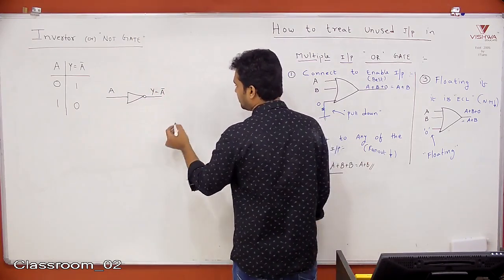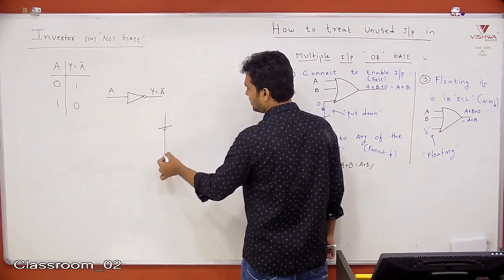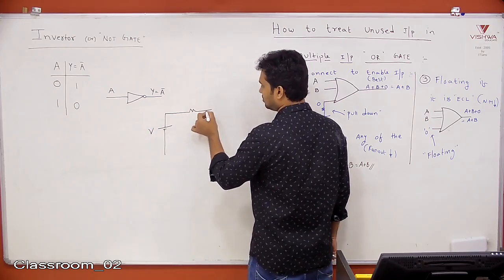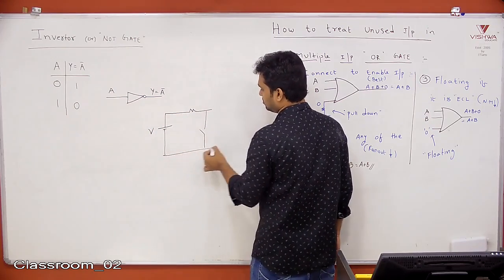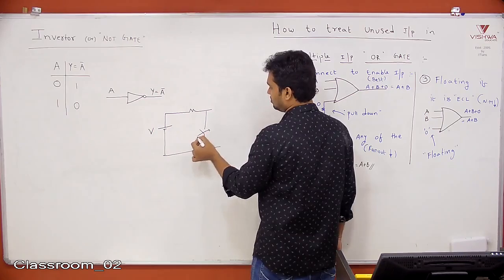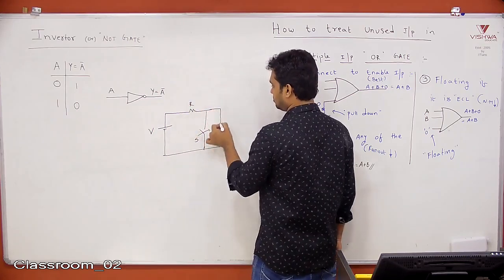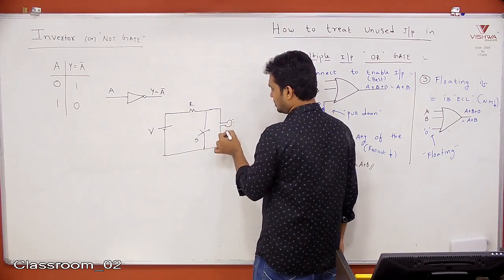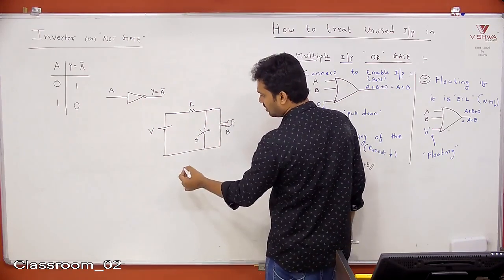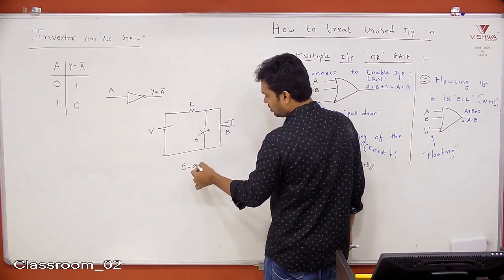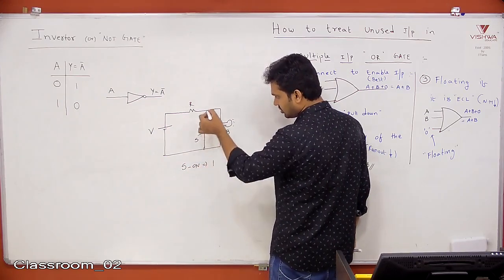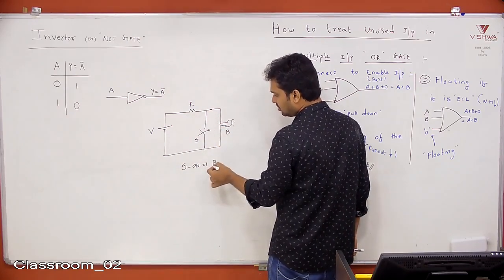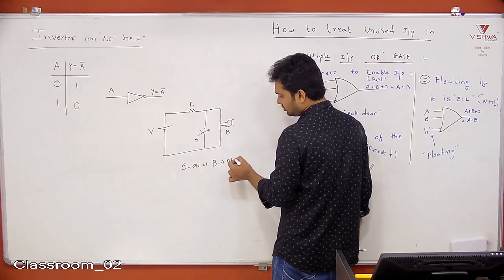Practically, if you want some example of the inverter circuit with switches, say I have a bulb here. If switch is on, short circuit, total current flows through short circuit, no current flows to the bulb, and the bulb will be off.